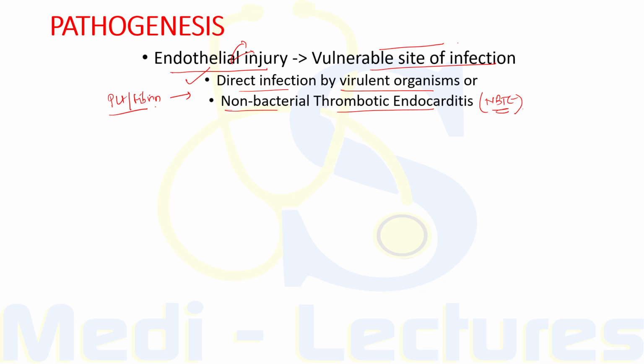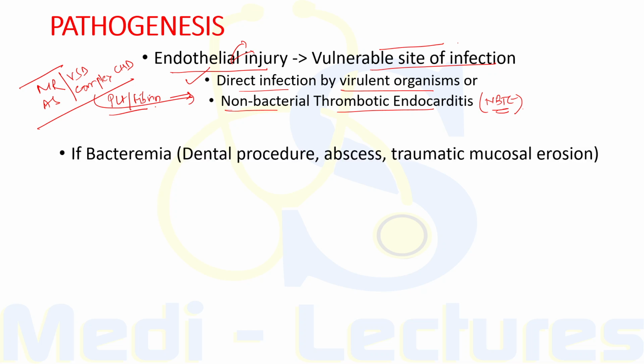Cardiac conditions that commonly lead to this condition include mitral regurgitation, aortic stenosis, VSD, or any complex congenital heart disease. So these individuals are at risk for development of non-bacterial thrombotic endocarditis.